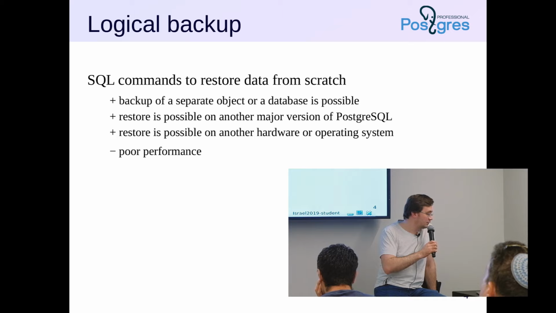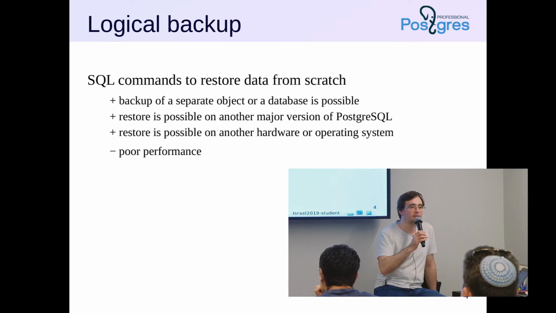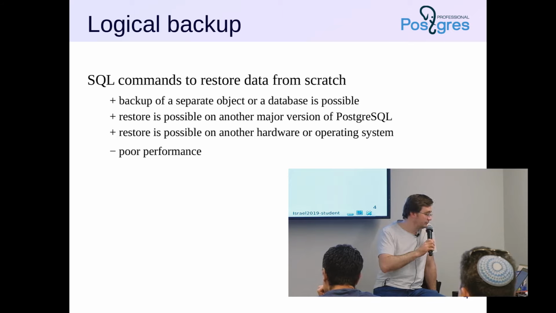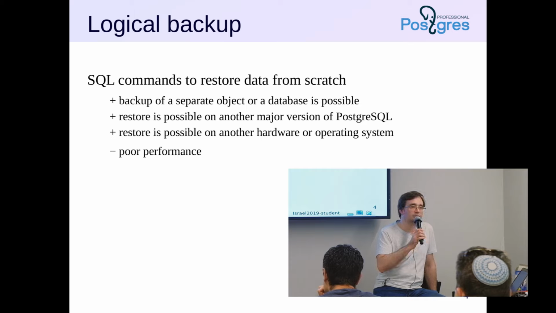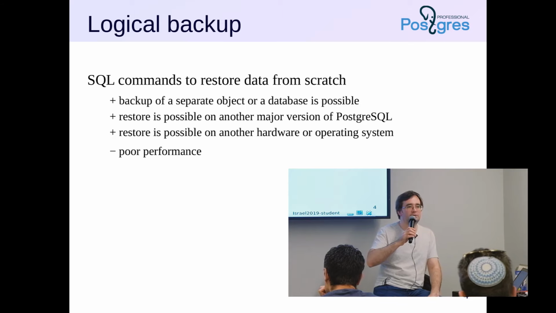First of all, you can make a copy of some object from some table or a single database from your cluster. You can use this copy to restore your objects in another major release of Postgres. For example, you can backup your table from Postgres 9.6 and restore it in Postgres 10, no problem.